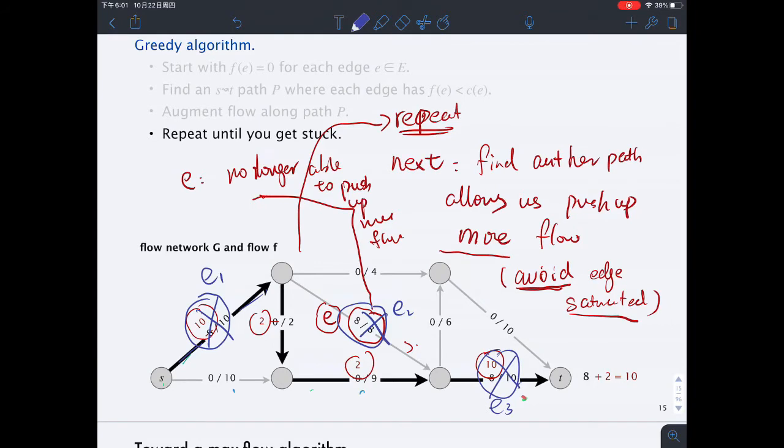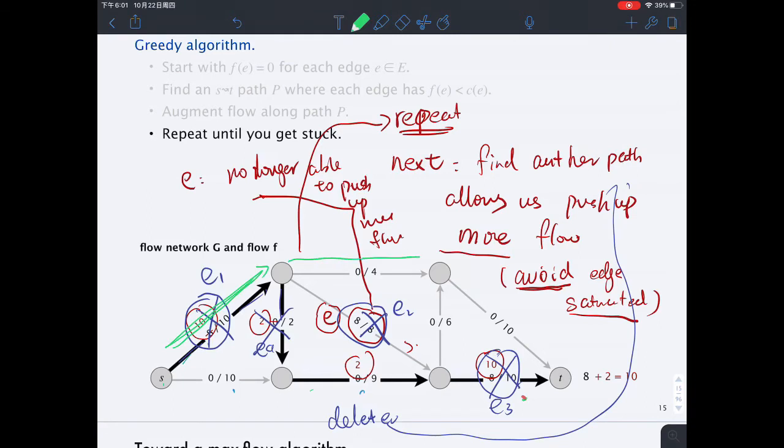We need to delete that. Let's call this E2; we also need to delete that. E3 here we also need to delete, and actually E4 also needs to be deleted. The reason I say deleted is that next time I need to find another path that avoids using any of the saturated edges.